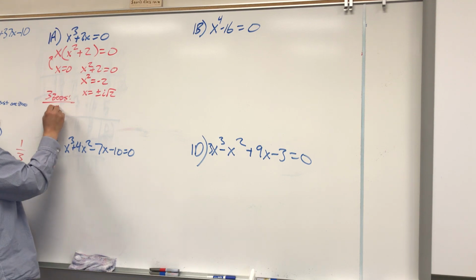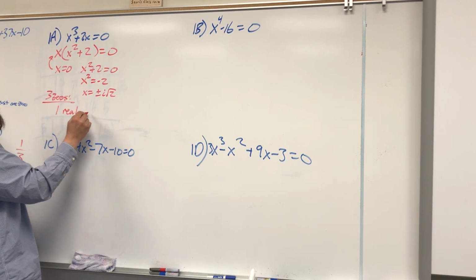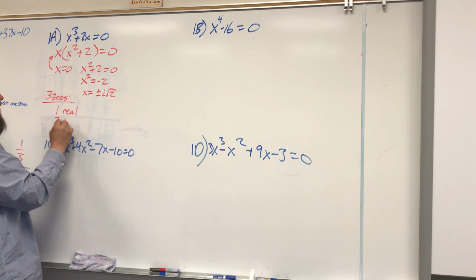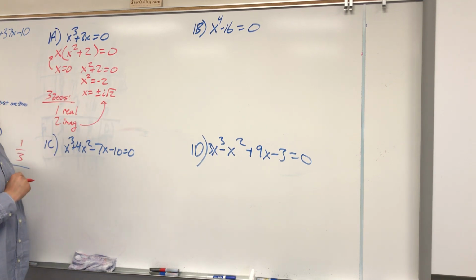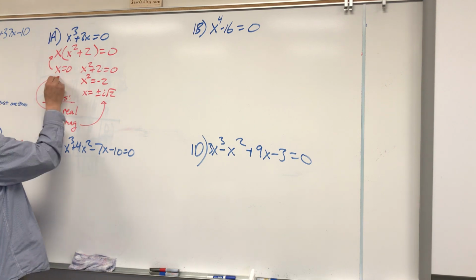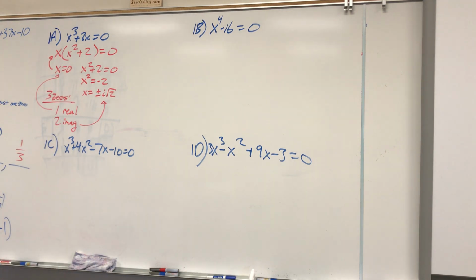So I have 3 zeros. I have 1 real and 2 imaginary. The 2 imaginary are plus and minus i square root of 2. The 1 real is 0. Okay, so we just finished the problem. We solved it and stated the number and types of zeros there are.